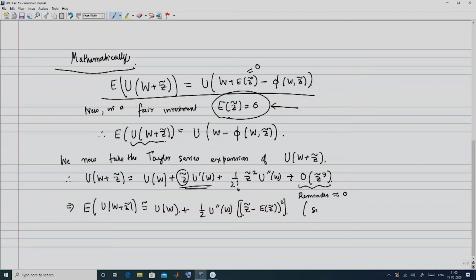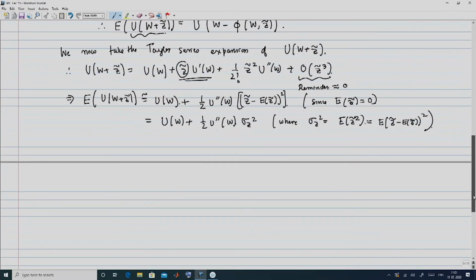Since e of z tilde is equal to 0, this can now be written as u of W plus half u double prime of W into sigma z square, where the notation sigma z square stands for e of z tilde square, which is the same as e of z tilde minus e of z tilde, square.